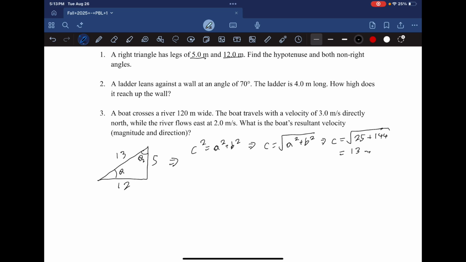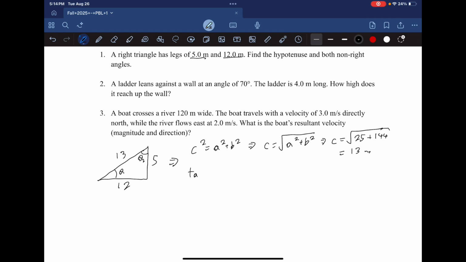In the case of the angles, this is where we really have to use our theta values. I'm going to use tangent to find theta 1. We'll do theta 1 first.